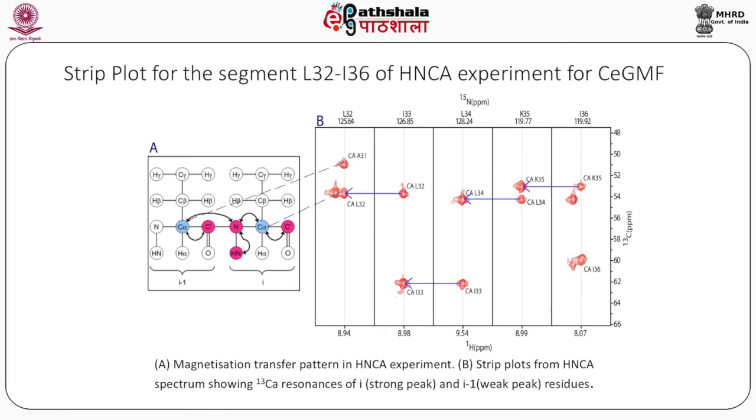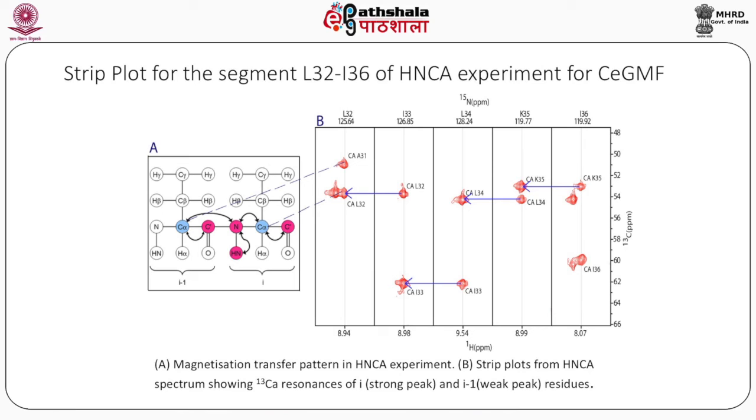And then on top of the C alpha of I33, we have the C alpha of L32, and from this L32 we find the matching strip for L32 C alpha and then its preceding peak, which is the C alpha of A31.